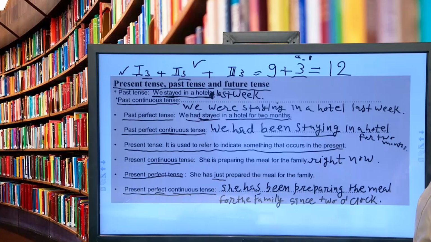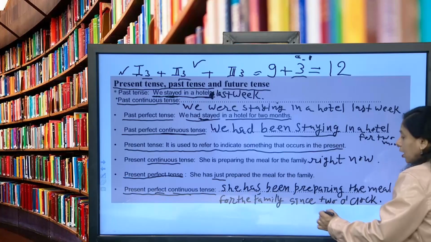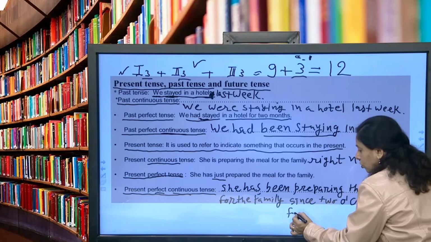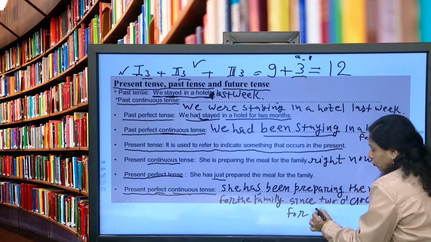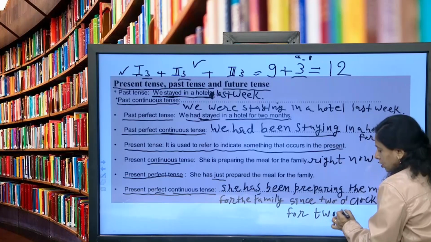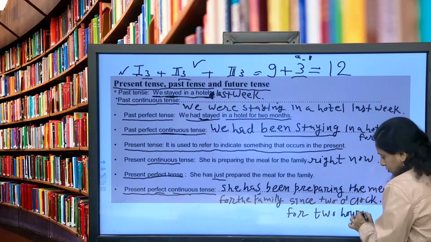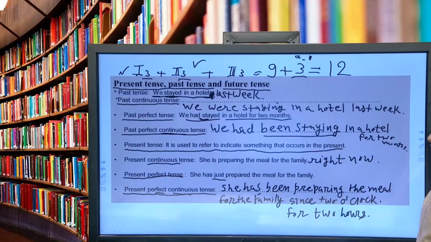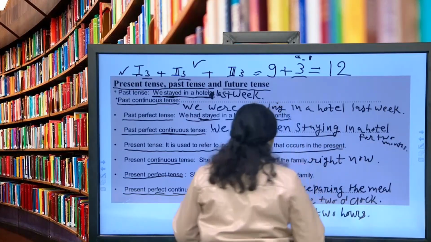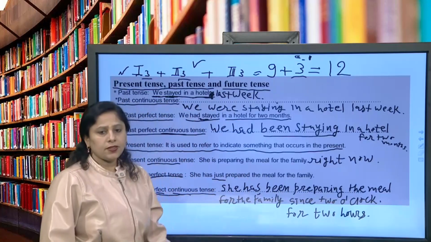Since 2 o'clock, for 2 hours, either particular time or a period of time, for 2 hours she has been cooking. She has been preparing or she has been cooking. So these are the things which are presented over here.